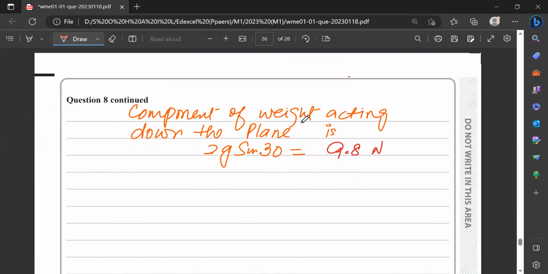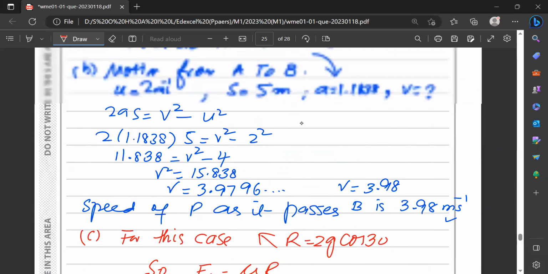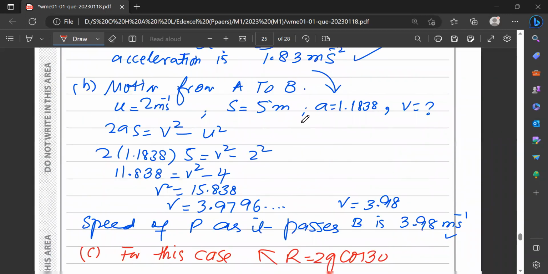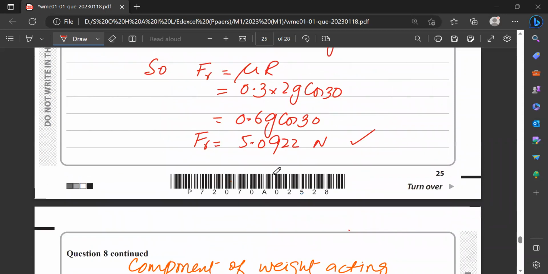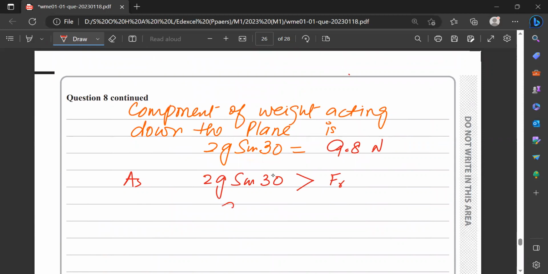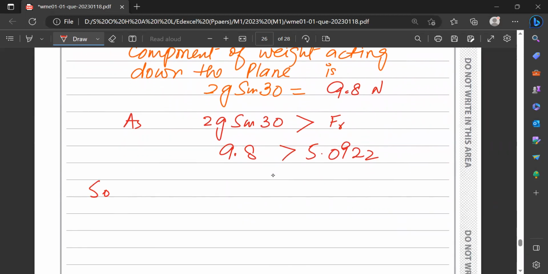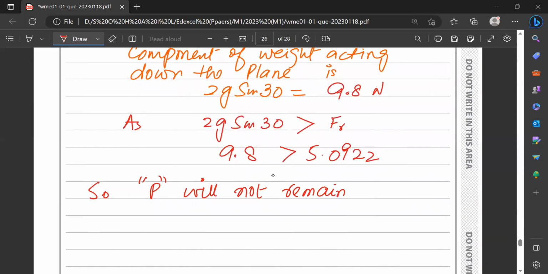As 2g sine 30, which is 9.8, is greater than the frictional force, which is 5.092, it concludes that particle P will not remain at rest.